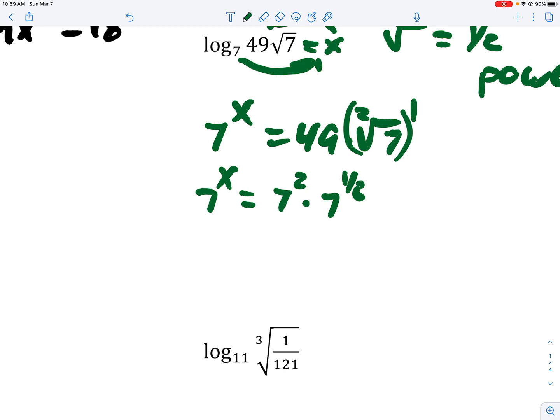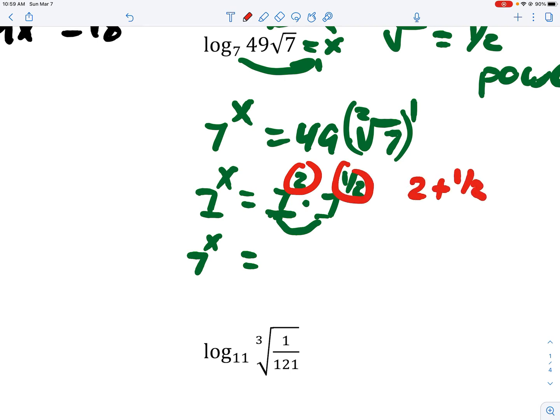Okay, now, I still don't all have the same base. They're all base 7, but I have 2 base 7s over here. So I'm going to rewrite this. So this would be 7 to the x. Now, bases are the same. You take your 2 and your 1/2 and you add them together.